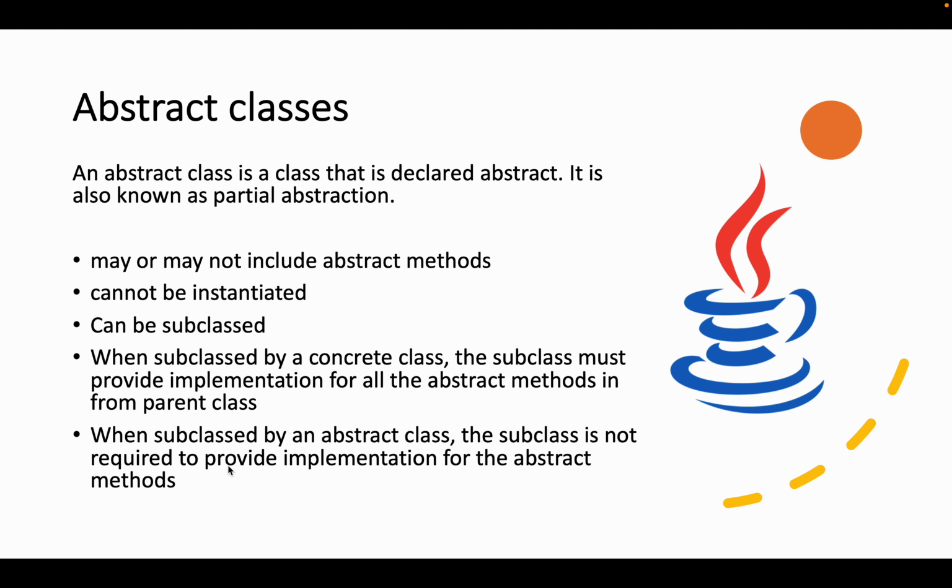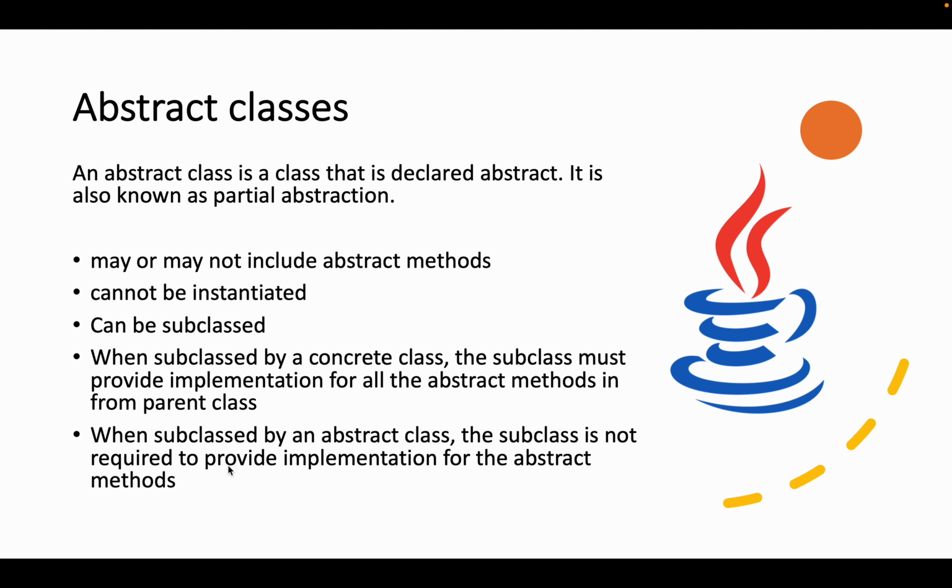Abstract classes. An abstract class is a class that is declared abstract. It is also known as partial abstraction. It may or may not include abstract methods. This class cannot be instantiated, and it can be subclassed. And there are two ways when you are subclassing it.